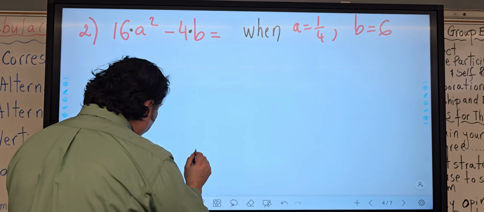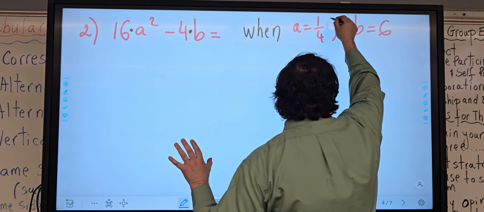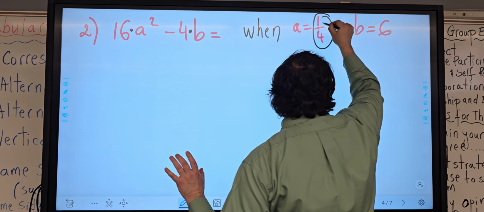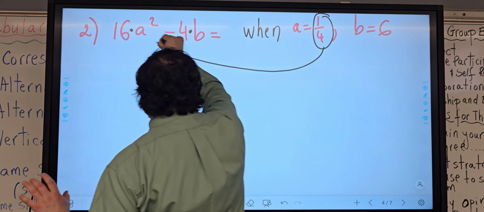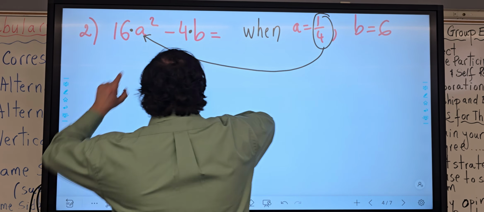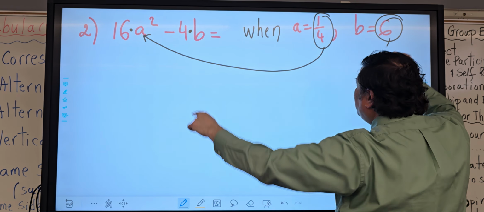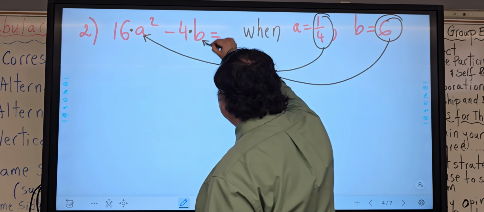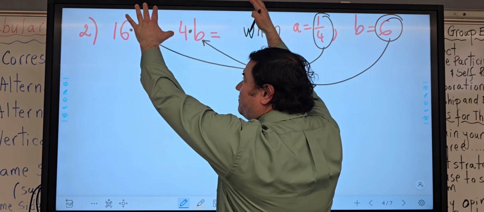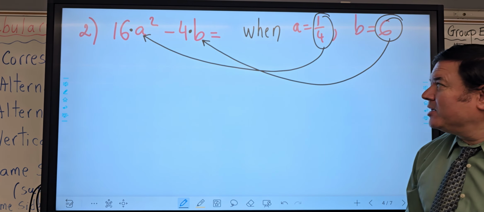So remember, very important. First, we have to substitute 1 over 4 into the a in the expression, and then we are going to substitute 6 into the b, in order for us to get rid of the variables. So let's see what we get.